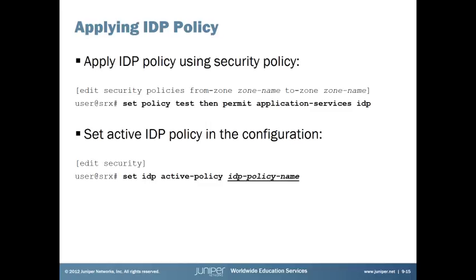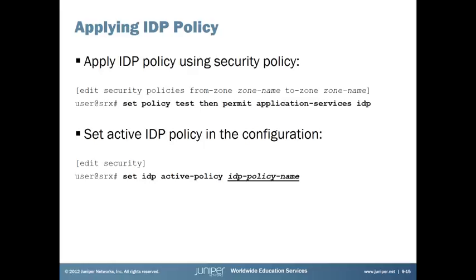Okay, so this is us setting a policy. In this case our policy is called test. What we're actually doing here, to invoke the IDP functionality on the device, is you go into the security policy that represents the flow of traffic that you're interested in protecting.